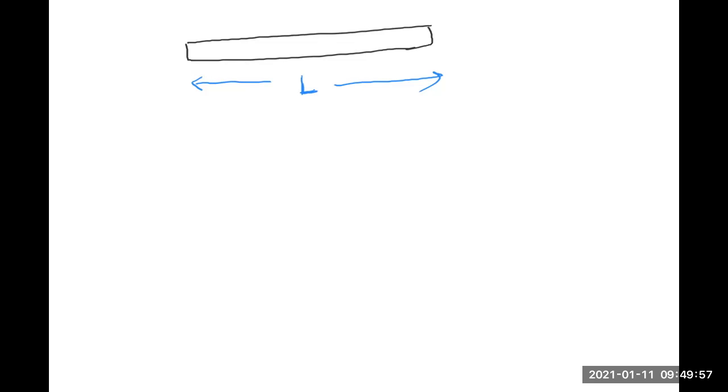Okay, so just like any problem that we will be dealing with of continuous systems, we have to apply calculus.